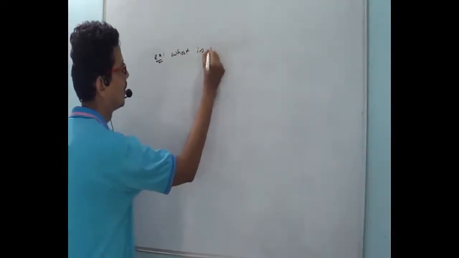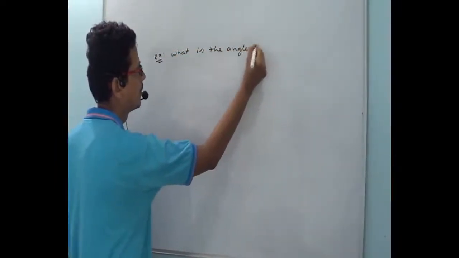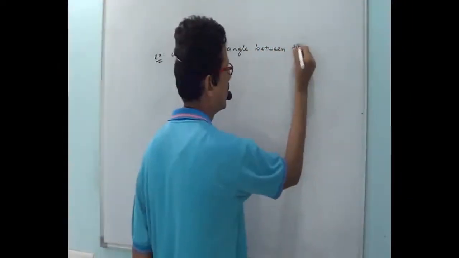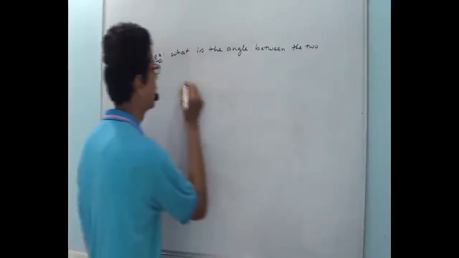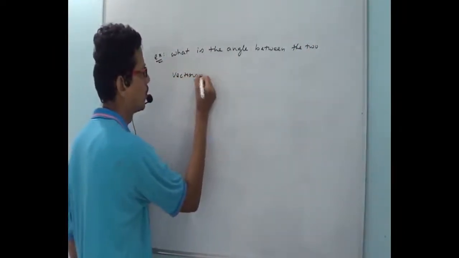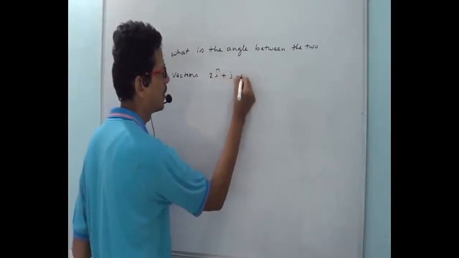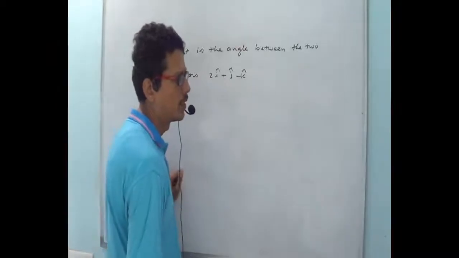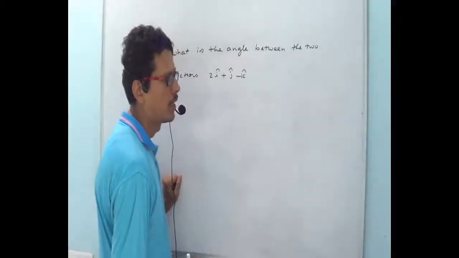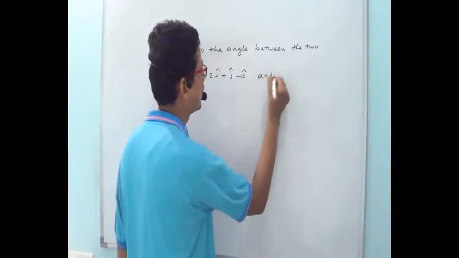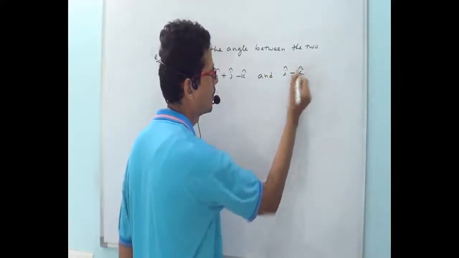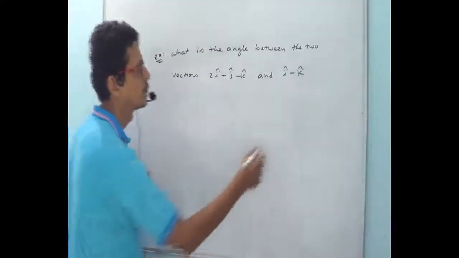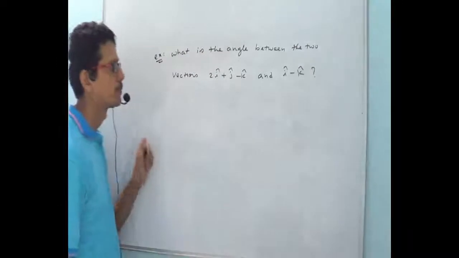What is the angle between the two vectors? 2i plus j minus k. Okay. This is the first vector, and second vector is i cap minus k cap. This is the second vector. So here is the question mark.